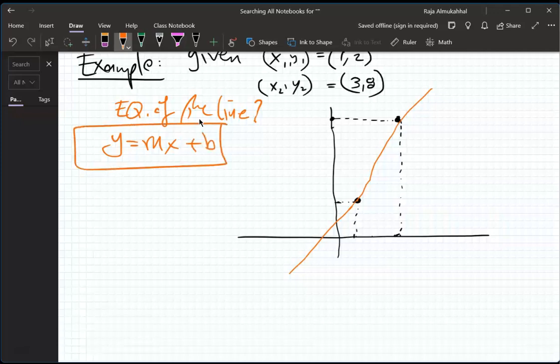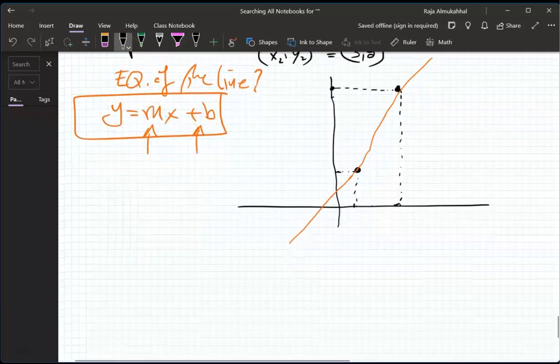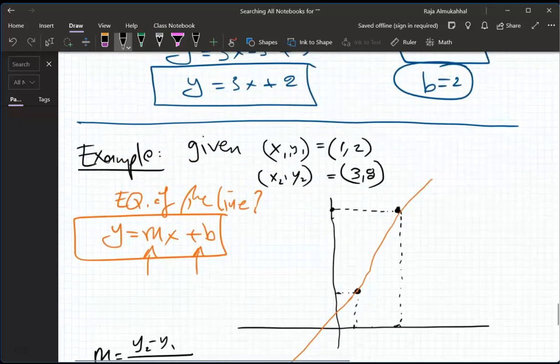So the first thing we want to find is the slope and then the y-intercept. The way we want to do it is to start with the slope equation. Let me go back to black color. We know that the slope equation is y2 minus y1 over x2 minus x1. Here are the points, 1, 2, and 3, 8.